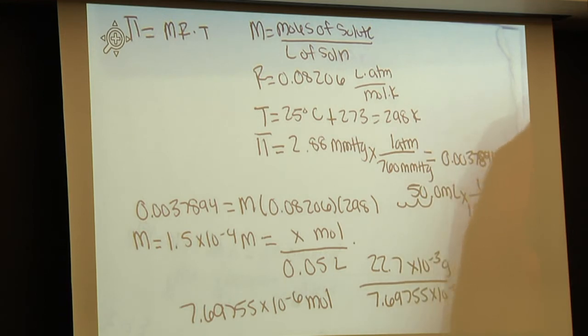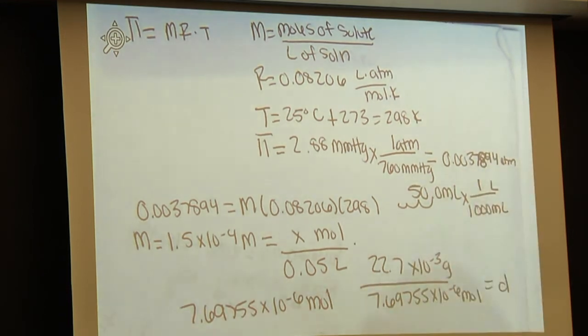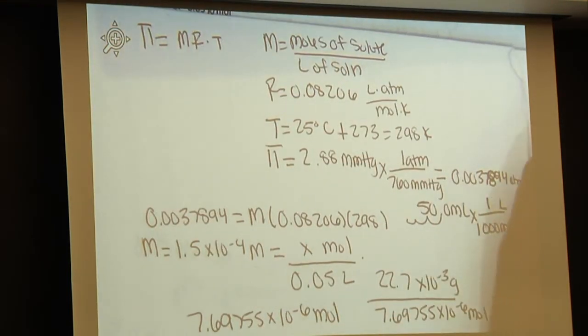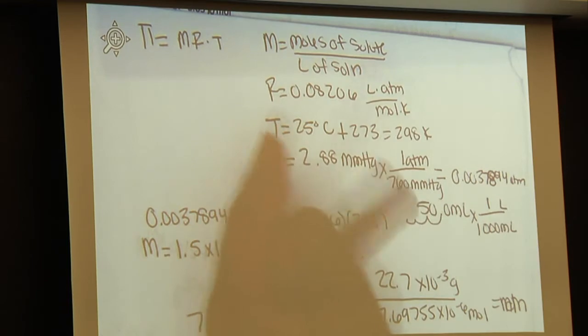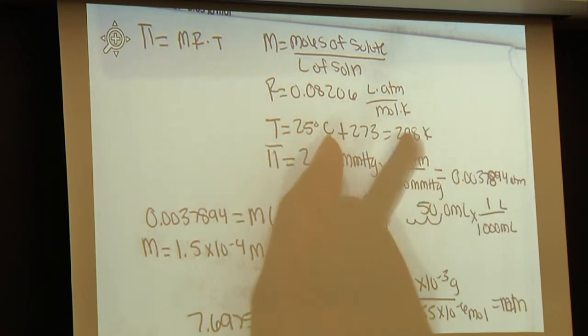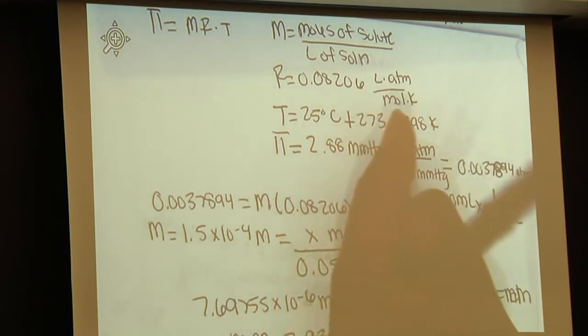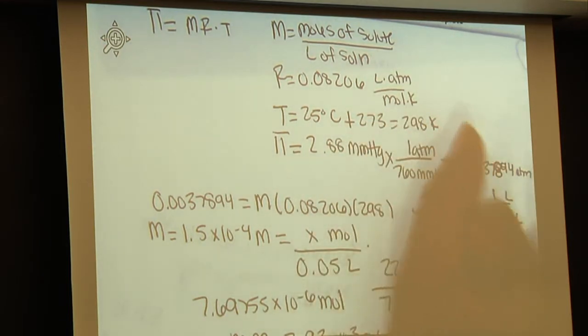And you'll get, what are we looking for? You'll get the molar mass. So the molar mass of this unknown protein should be 2.93 times 10 to the third grams per mole.